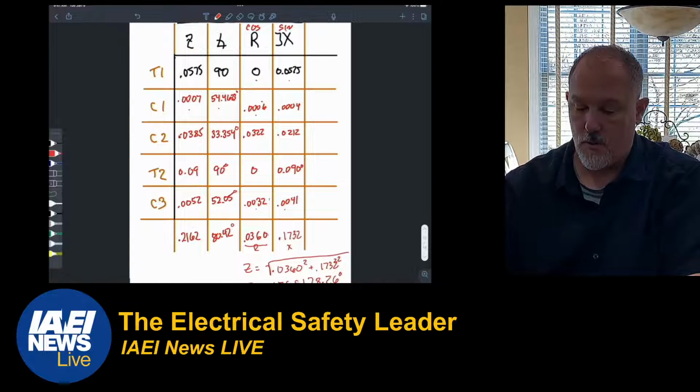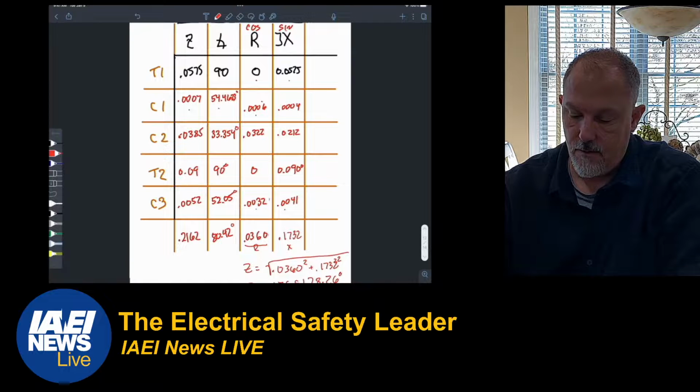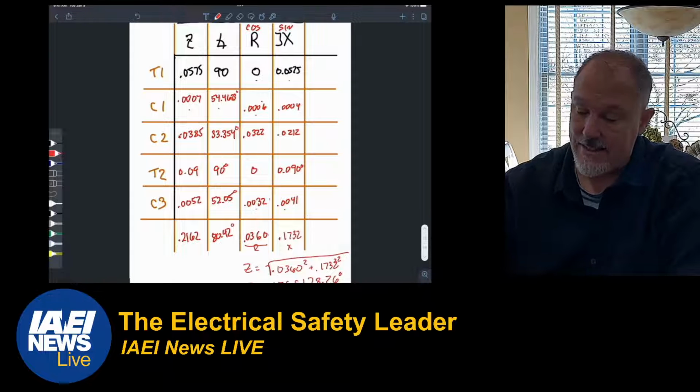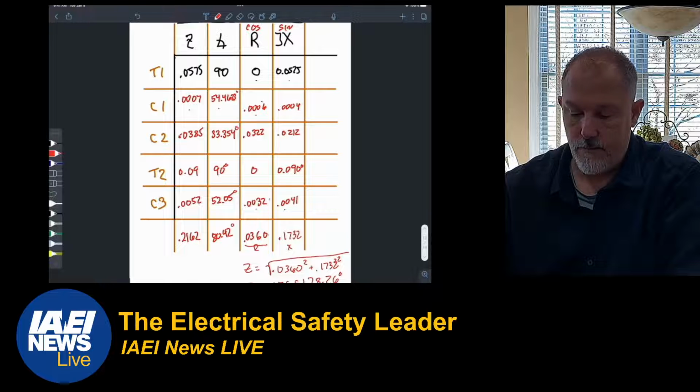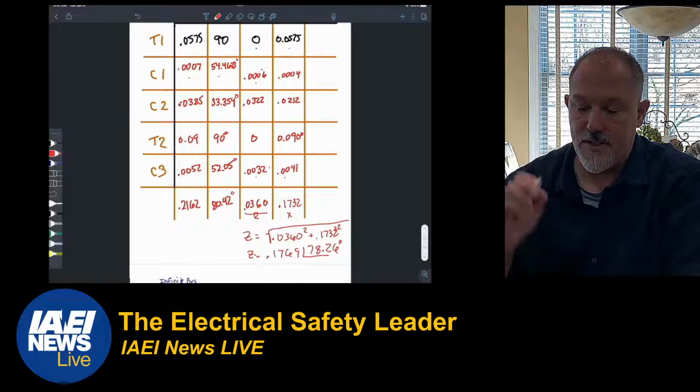I'm going to add these polar coordinates up. 0.0575 at 90, plus 0.0007 at 54.4623 angle, plus 0.0385 at 33.354, plus 0.09 at an angle of 90, plus 0.0052 at 52.05, plus, 0.1770 at an angle of 78.34.